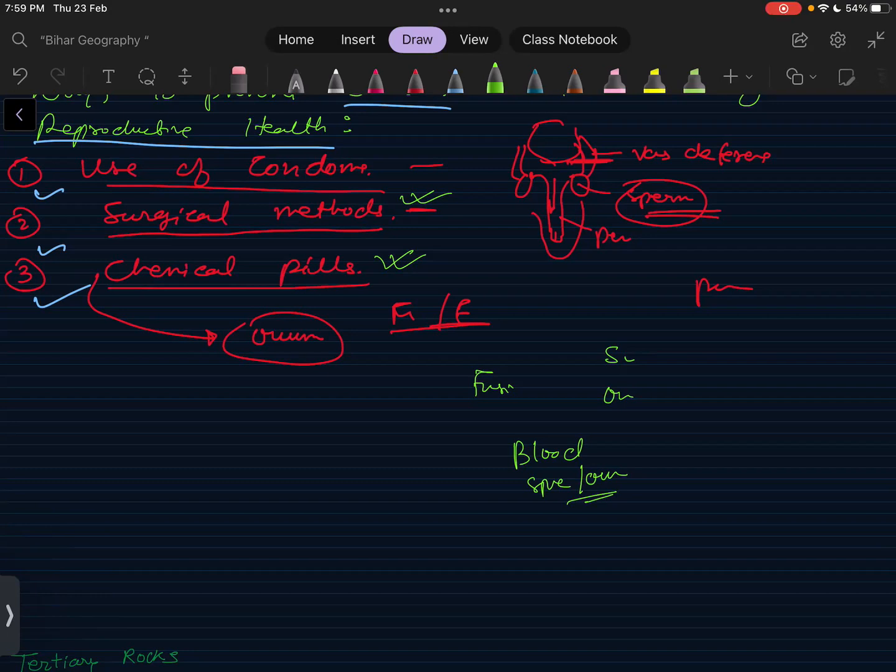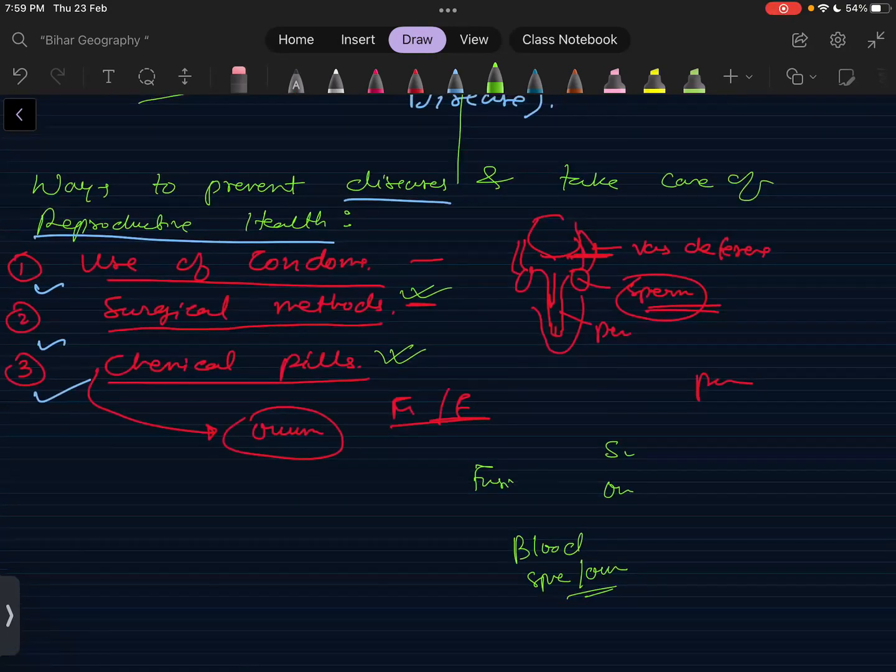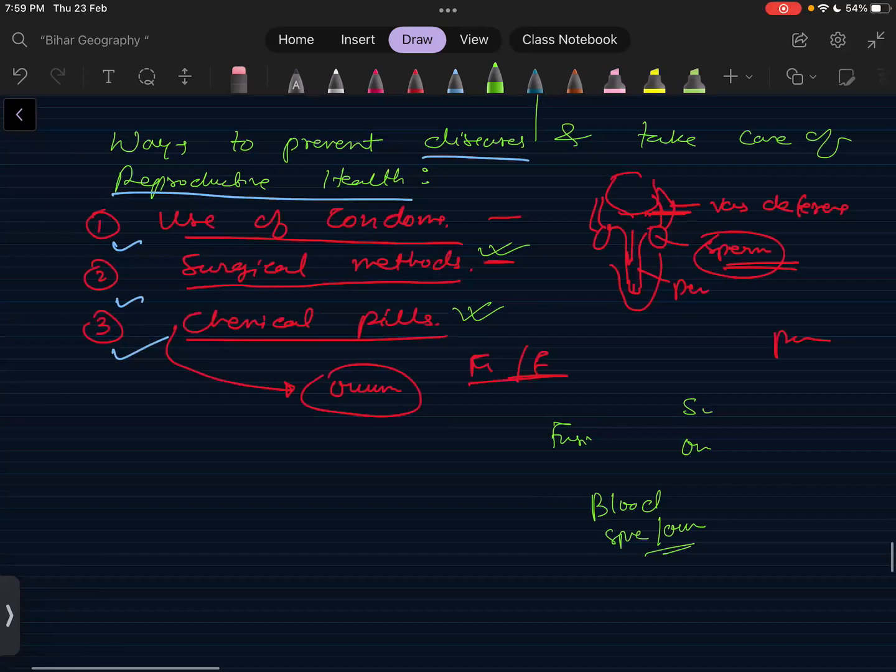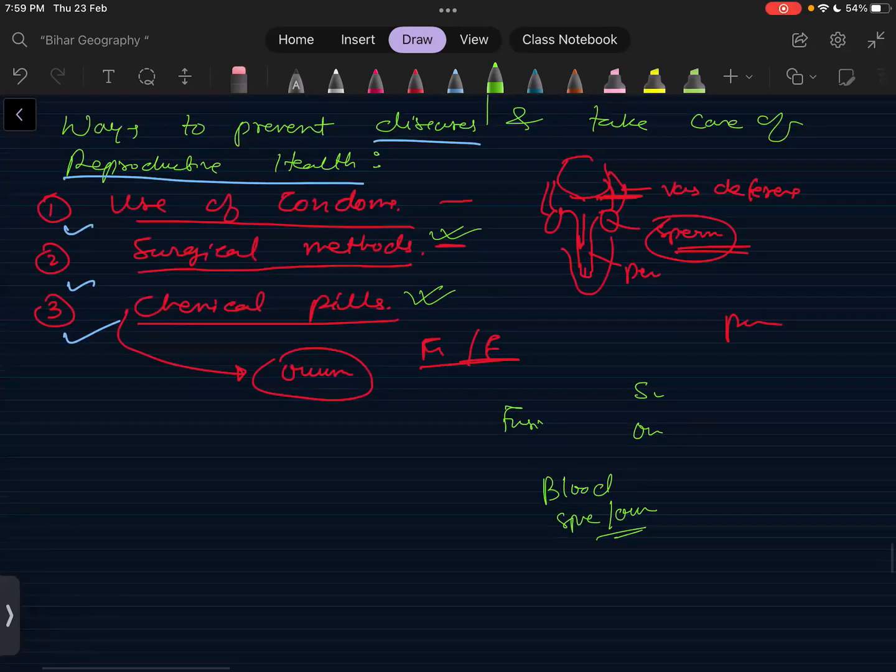So basically, if the ovum and the sperm get fused while a person is having this disease, it may cause the disease to transfer. Apart from this also, if their blood mixes together, then also the disease will be transferred from one partner to another. So both things need to be stopped.